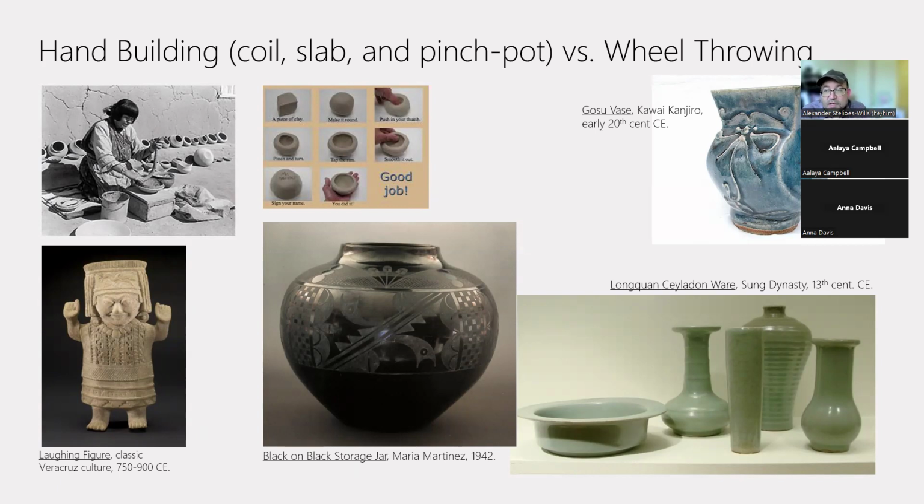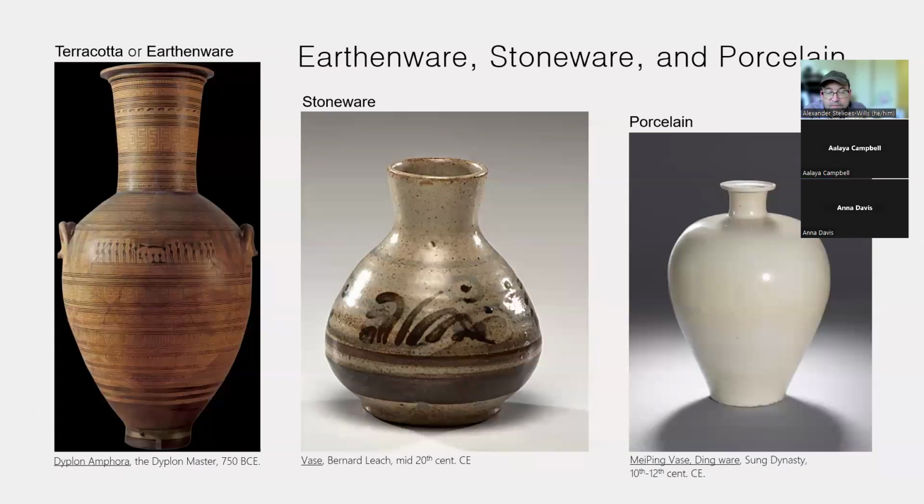Number two, we're going to cover the different ways of making ceramic vessels, like the difference between hand building versus wheel throwing, and then the different kinds of hand building. There are three main kinds of hand building that we'll cover. We're going to cover the different types of clay.